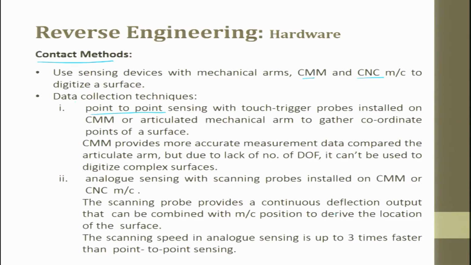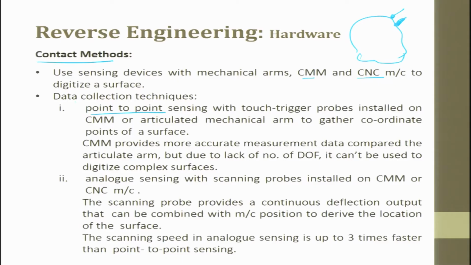So, this is point to point sensing. You touch the surface of a product or a part: you touch it at one point, then you move and touch it at the other point. So, you are discretizing the data, doing point to point sensing with a touch probe.